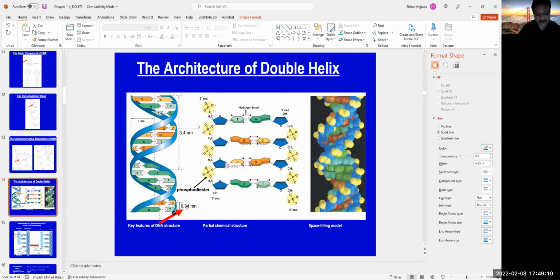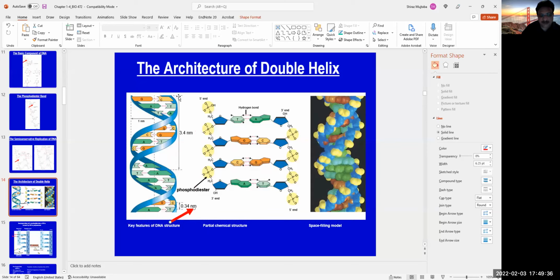So now here, be careful. The distance between 2 adjacent nucleotides is 0.34 nanometers. I repeat, 0.34 nanometers. But if they write in angstrom, it will be 3.4 angstrom. And DNA, the one turn, right?